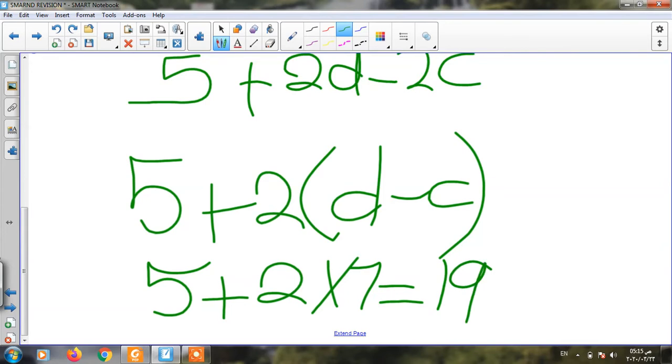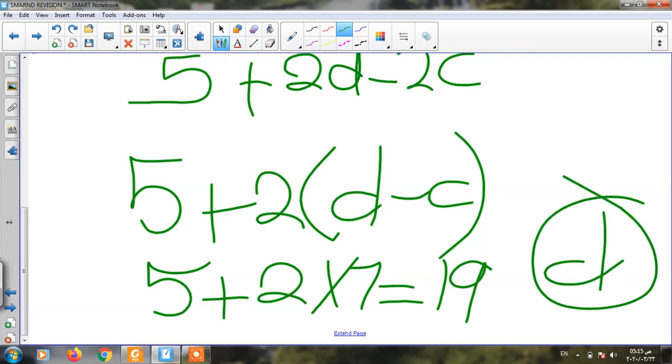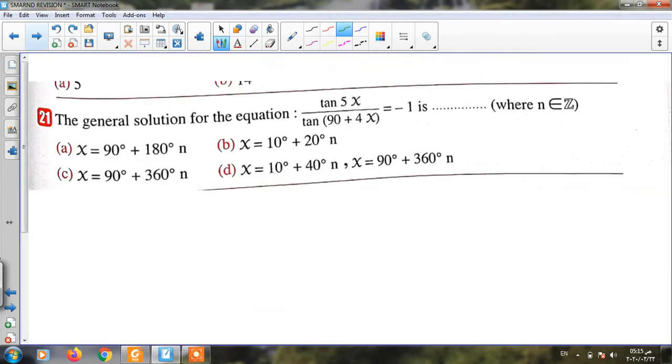Next question. The general solution of the equation tan 5x over tan (90 plus 4x) equals negative 1. Oh, let me revise the general solution with you. How can I find the general solution of an equation? It's tan 5x over tan (90 plus 4x) equals negative 1.